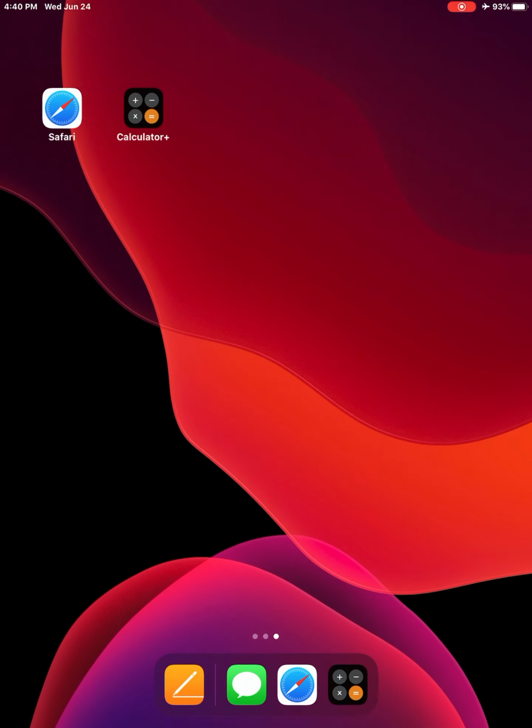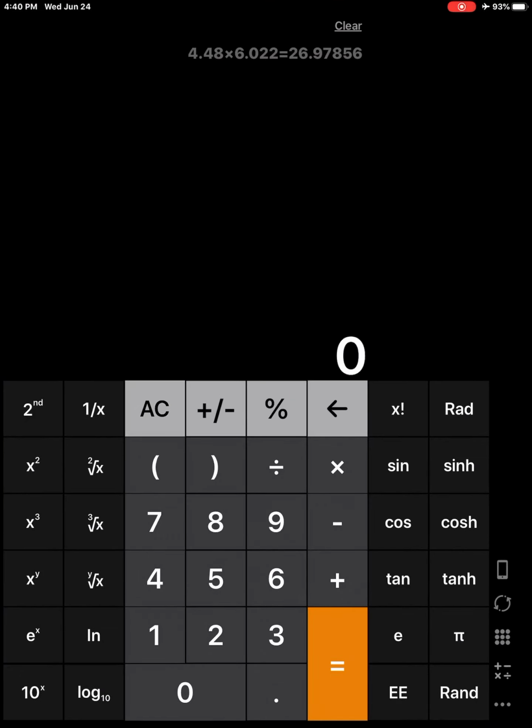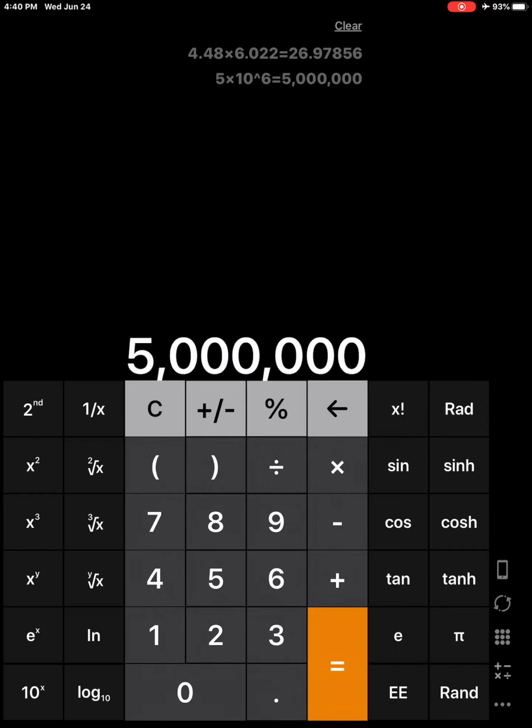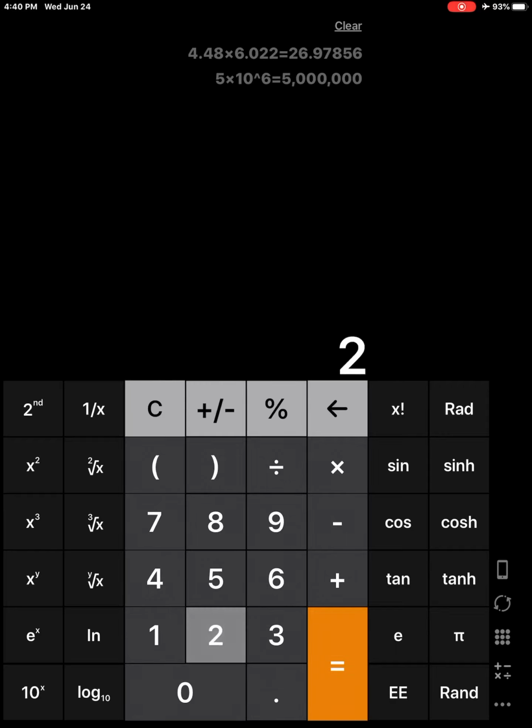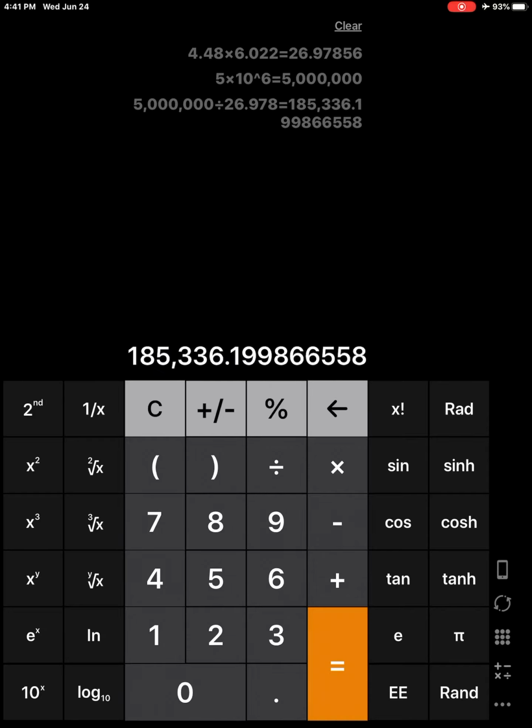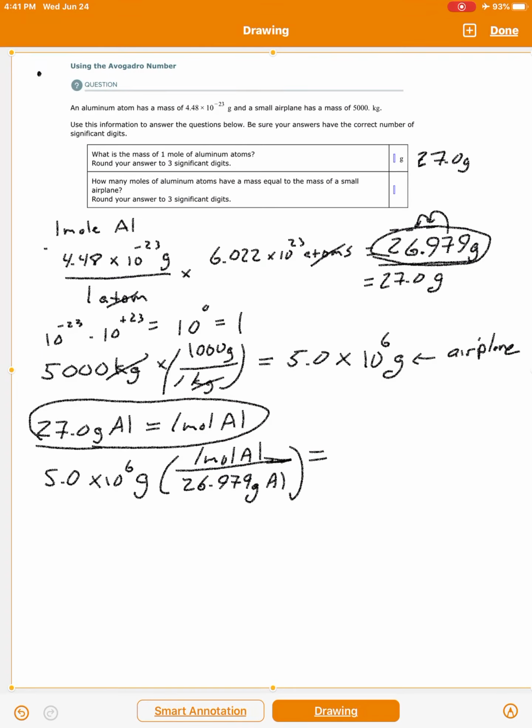Okay, so 5 times 10 to the 6 divided by 26.978, and you get 185,336. I think I put 978 in the calculation, but that's not going to make a big difference.